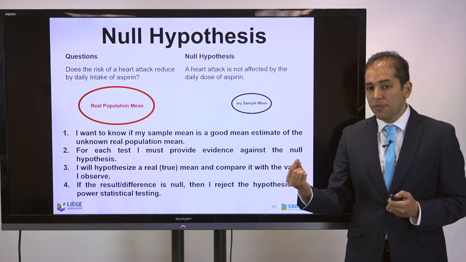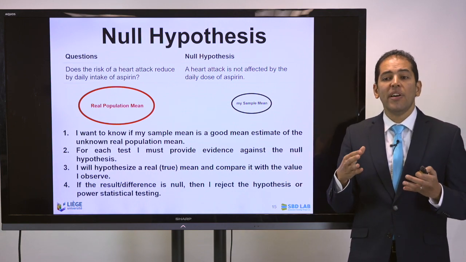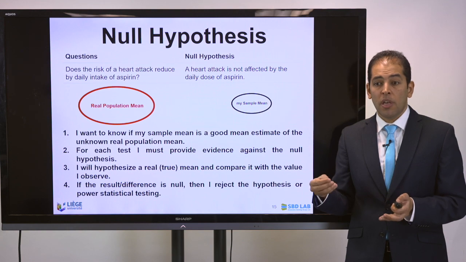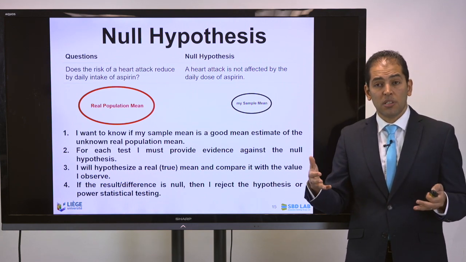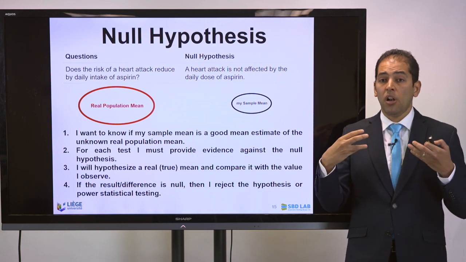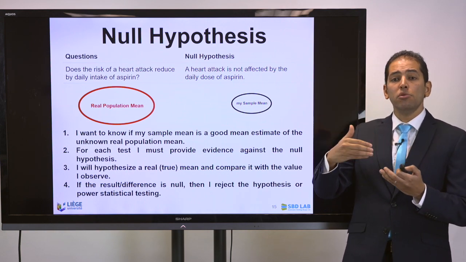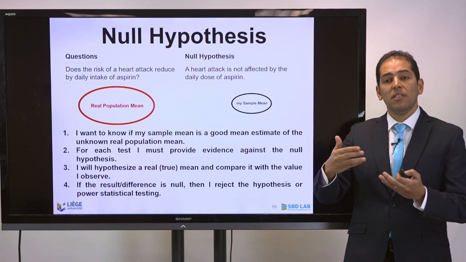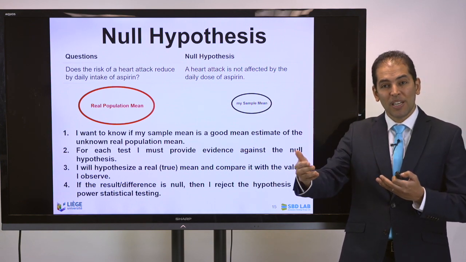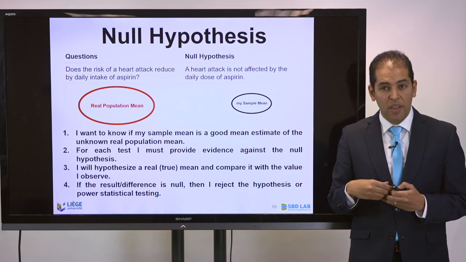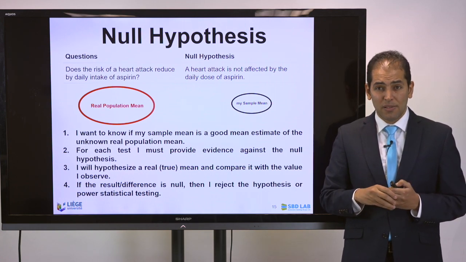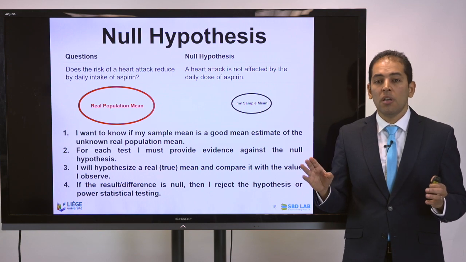If the resulting difference is null, then I reject the hypothesis. If the result is positive, then my hypothesis is valid and I have an alternative hypothesis. I can now move from variance testing to a regression or correlation testing and maybe a causation testing. But if the result is negative, I have no other way.